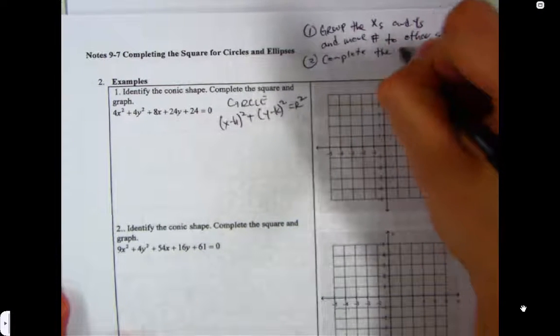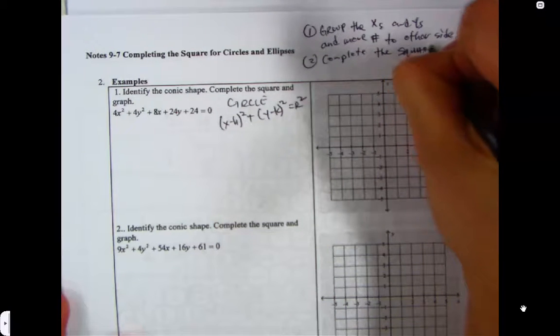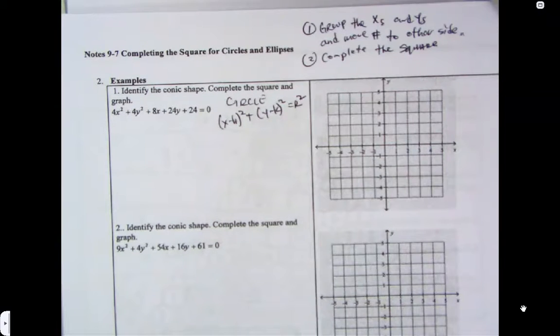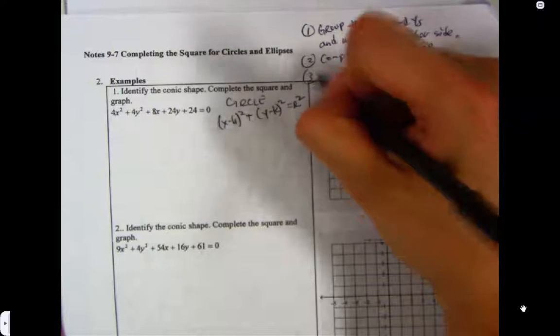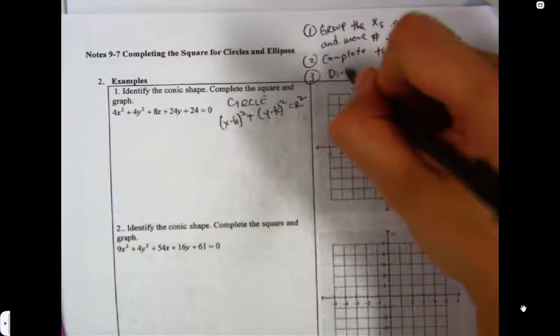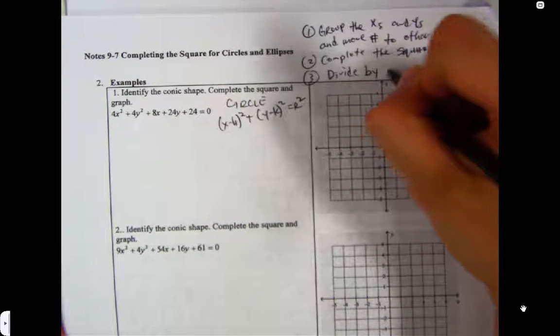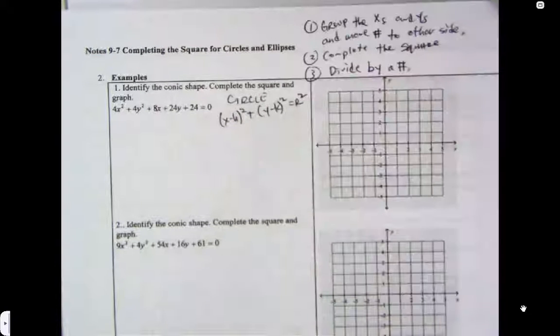That's what we just kind of recalled from Algebra 1, how to complete the square. And the last step is to divide by a number if you have to. So 3 steps. Group the x's and y's and move the number to the other side. Complete the square and divide by a number. Alright, are we good? So hopefully when I teach you this, you can follow along.